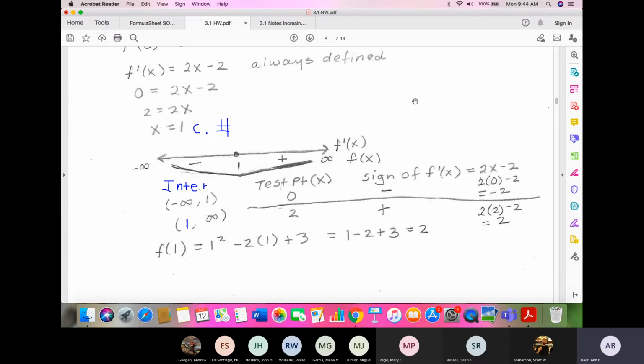We are going to add the second derivative and what it tells us about graphing right after this particular section. So it's important to have a really good understanding of what's going on.